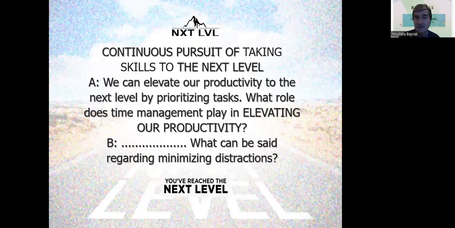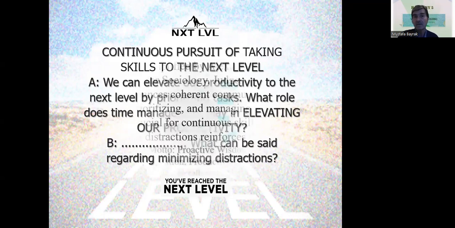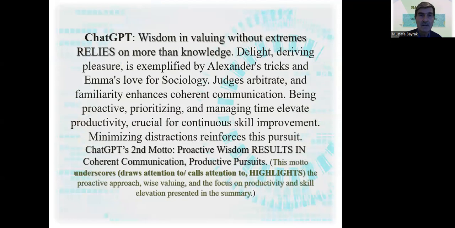What can be said regarding minimizing distractions? Of course, minimizing distractions, giving our full attention to what we are doing really plays a vital importance. Okay.